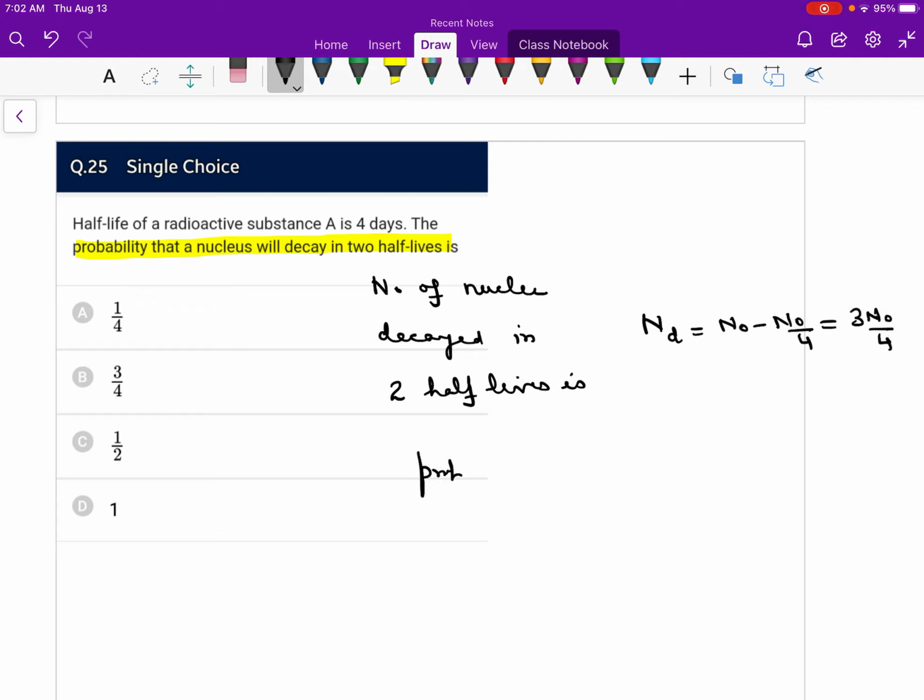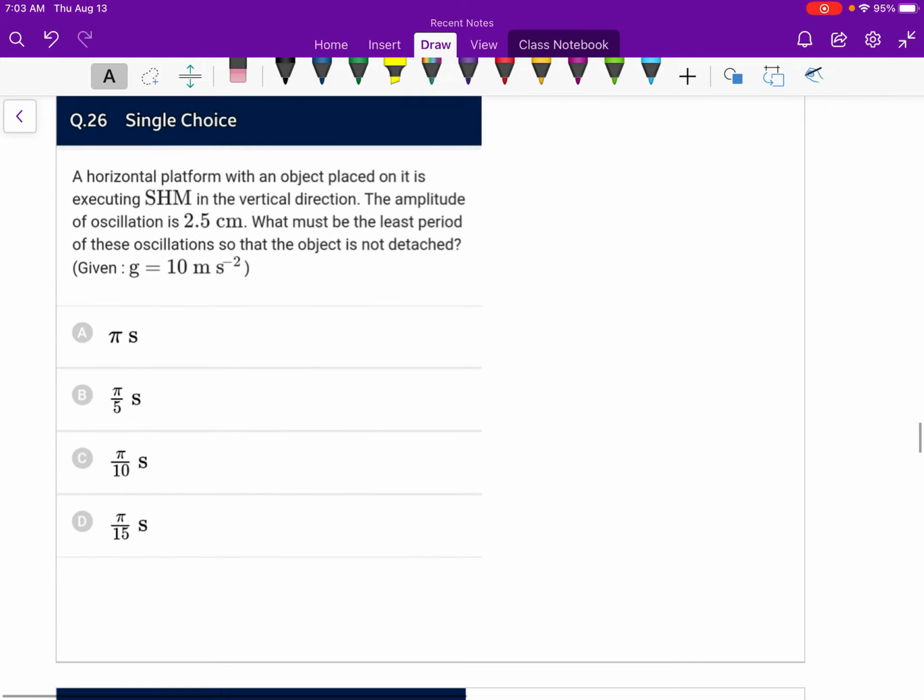So probability P is the number of nuclei decayed upon total possible decay, which is N naught, so 3 by 4. So B is the correct option.